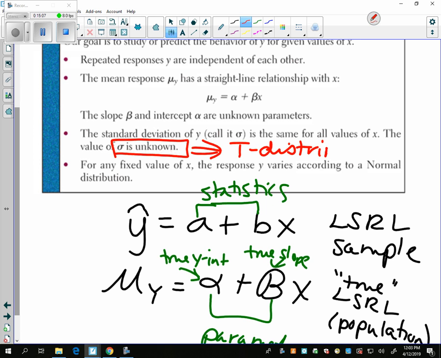T. And how many degrees of freedom do you think it has? Usually you would think n minus 1, but how many variables are there? 2. So in a t distribution for regression, it's always n minus 2 degrees of freedom because there are 2 variables.